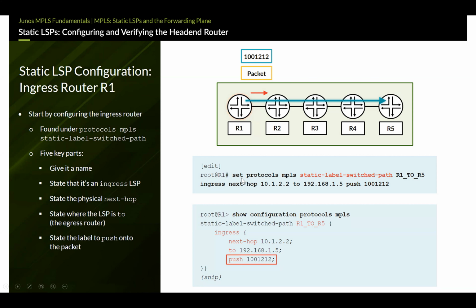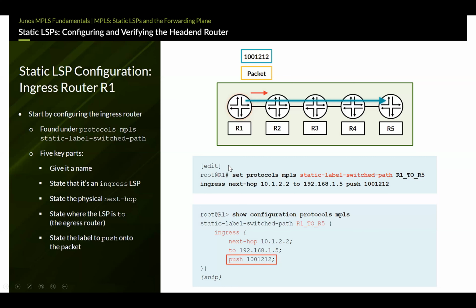So your static LSP will be set protocol mpls static-label-switched-path, and this is the user defined name, router 1 to router 5. Ingress, this is the ingress router. Next-hop is the router 2 interface IP address. And this is the final destination, 1.5, the loopback of router 5. And the operation is push or insert, setting the MPLS label.